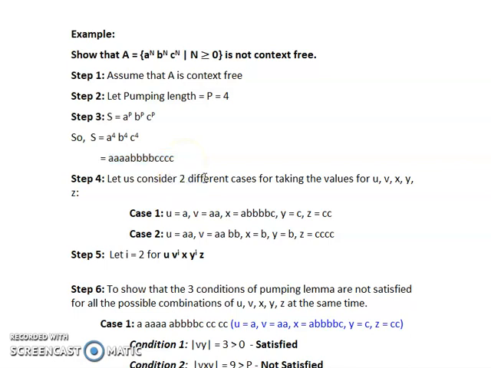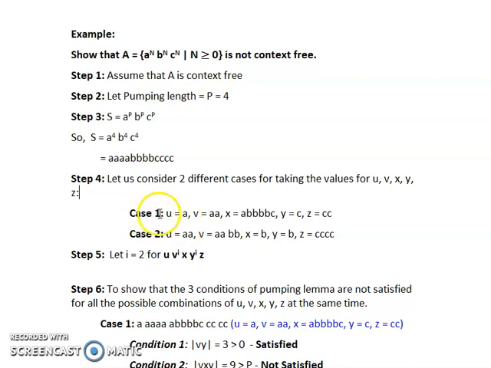Now let us consider two cases and take the values for u, v, x, y and z. You can take n number of cases. In this video, we are taking only two cases. It is not mandatory that you take the same values. You can take any value, whatever you like. You just need to prove that this particular language is not context free.